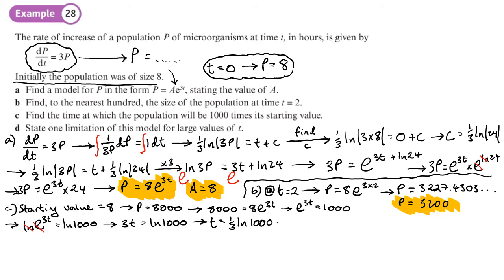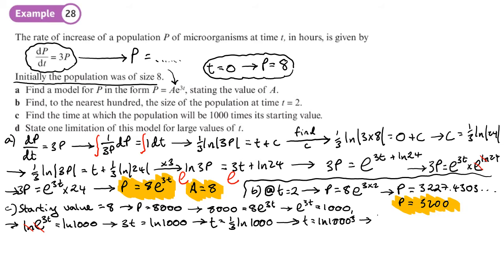And actually, even without your calculator, you could say this is the same as t equals the natural log of 1000 to the power one third. That's the cube root of 1000, which is 10. 10 times 10 times 10 is 1000.